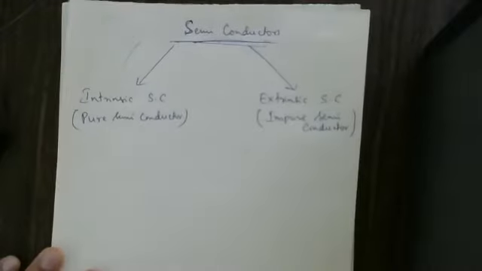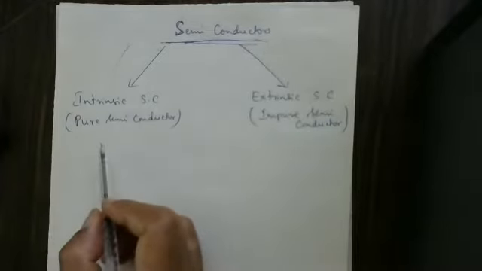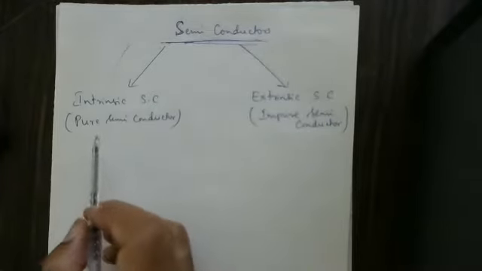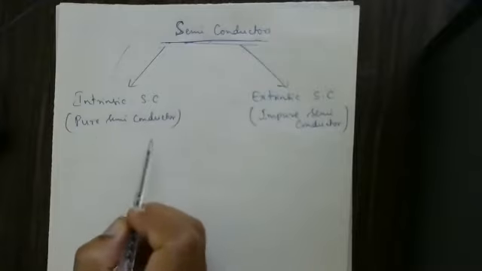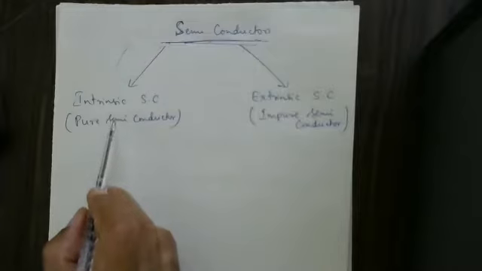In the case of an intrinsic semiconductor, which is pure, the current carriers, meaning the electrons freely available for conduction from one atom to another atom, are almost equal to 0, of course at 0 Kelvin.